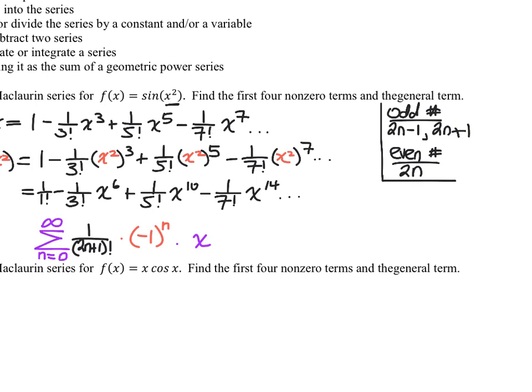Because in each case, the original exponent matched perfectly the denominator. Now the new exponent is twice the value of the denominator. So if I let my denominator be 2n plus 1, then my exponent has to be double that. All right? So 2 times 2n plus 1.